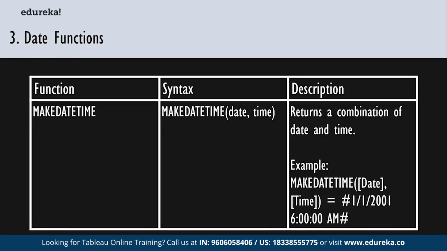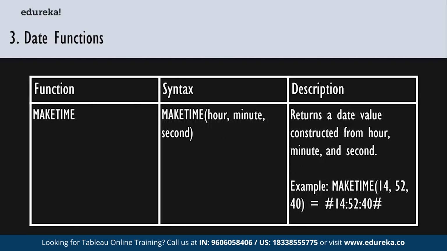This is a slight derivative of the previous function. Now this is basically an extension of makeDateTime, and along with the date it adds the time as well. Next we have makeTime, which is exactly like makeDate except it's for time. So it returns an hour, minute, and second of the time that you put in. Not going to spend much time here as they're all pretty similar in nature.